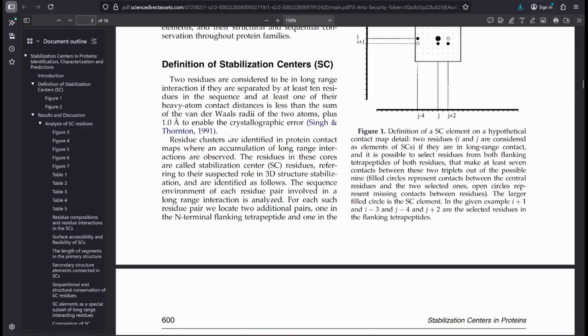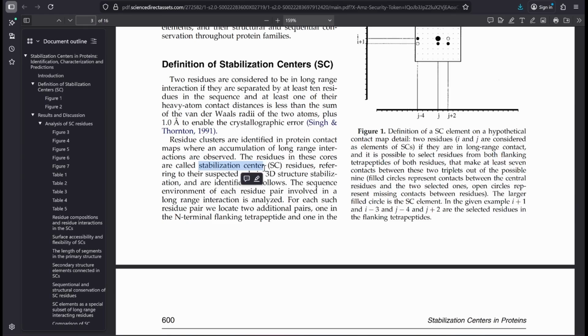If you classify this way, you will see that different residue clusters can be identified in a protein contact map, where an accumulation of long range interactions will be observed. The cores of these clusters will be called the stabilization centers.